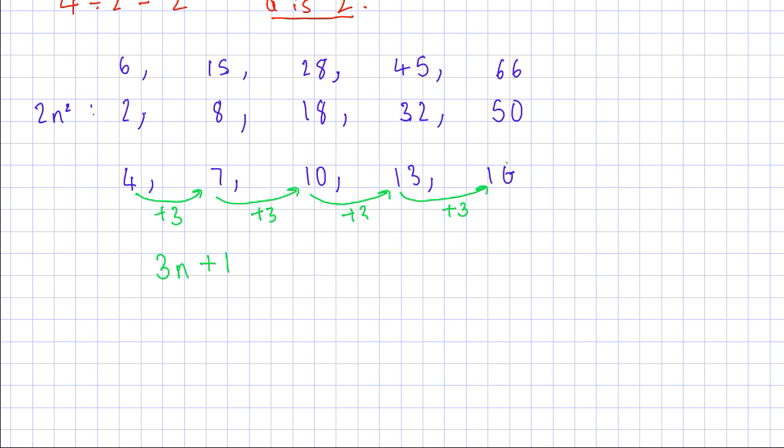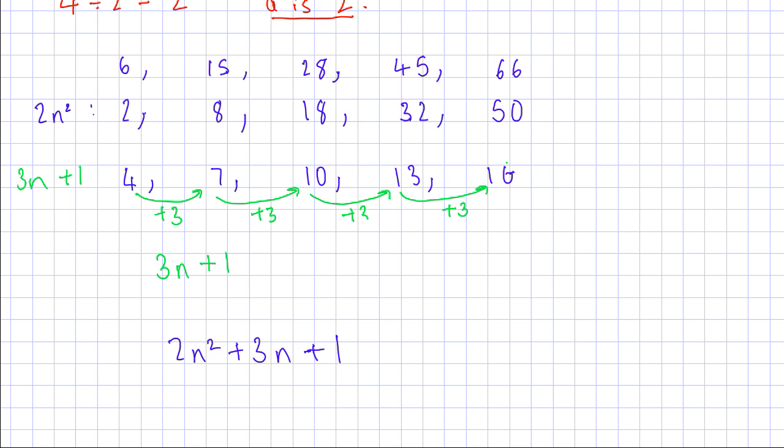So if I add this sequence 3n plus 1 to this, I get my sequence here. So my nth term for my original sequence is going to be 2n squared plus 3n plus 1.